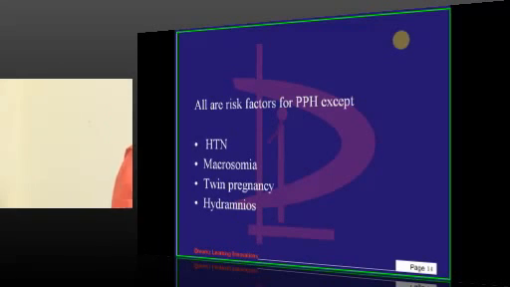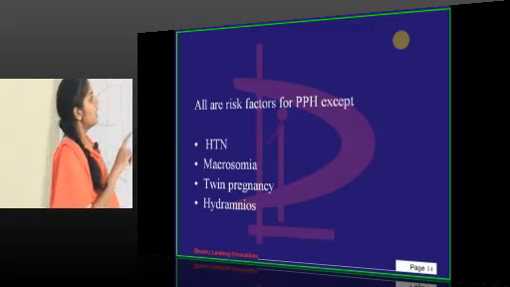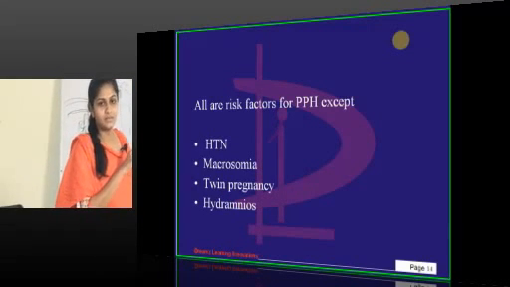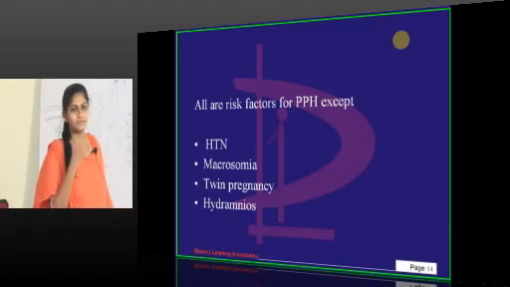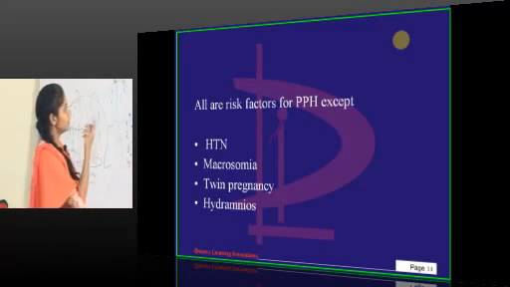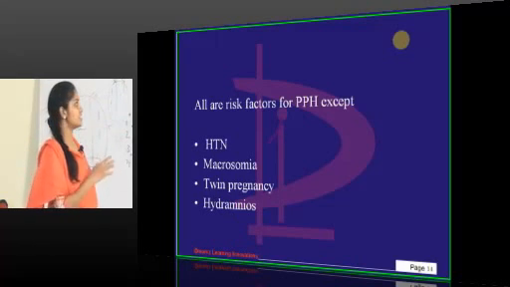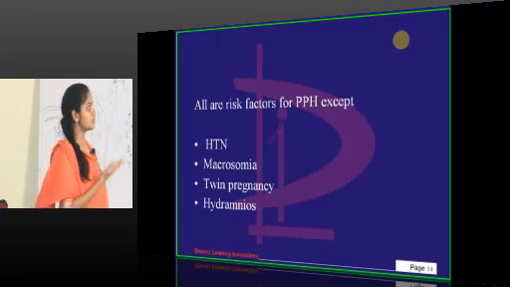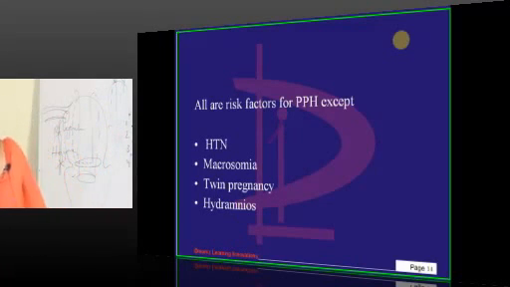Abruptio placenta is a complication of preeclampsia, but not directly hypertension. It won't cause hypertension with abruptio, only a bleeding disorder. Macrosomia comes under which T? Big baby, overdistension. Tone. Twin pregnancy, overdistension. Hydramnios, overdistension. So the answer is hypertension.